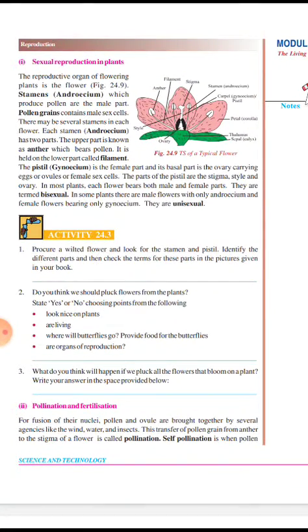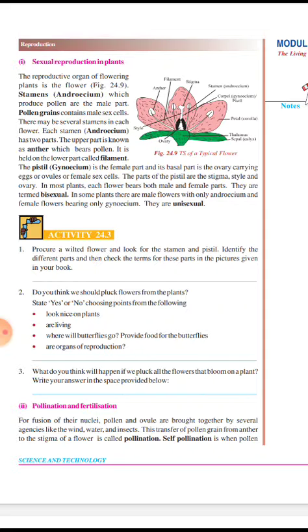The reproductive organ of flowering plants, the plants that bear flowers, is the flower. Stamens, which produce pollen, are the male part.